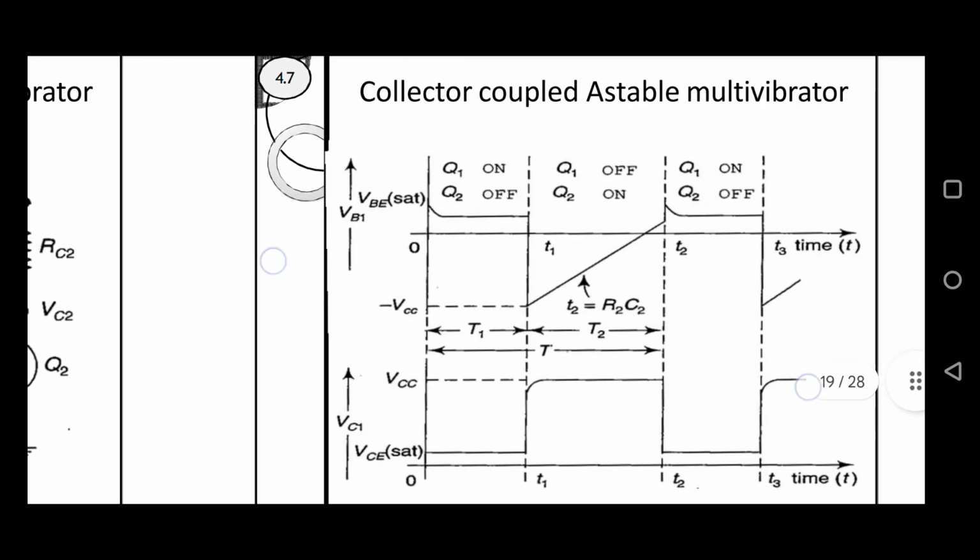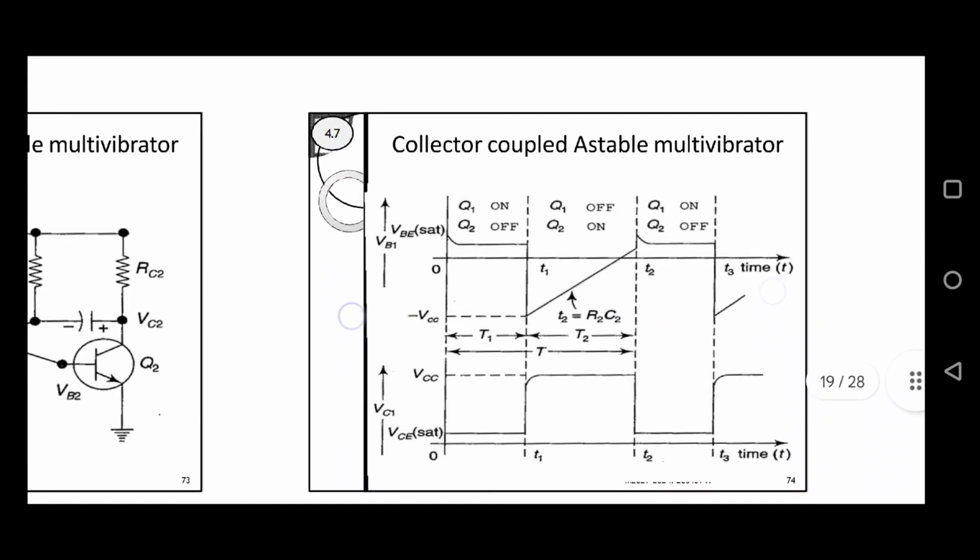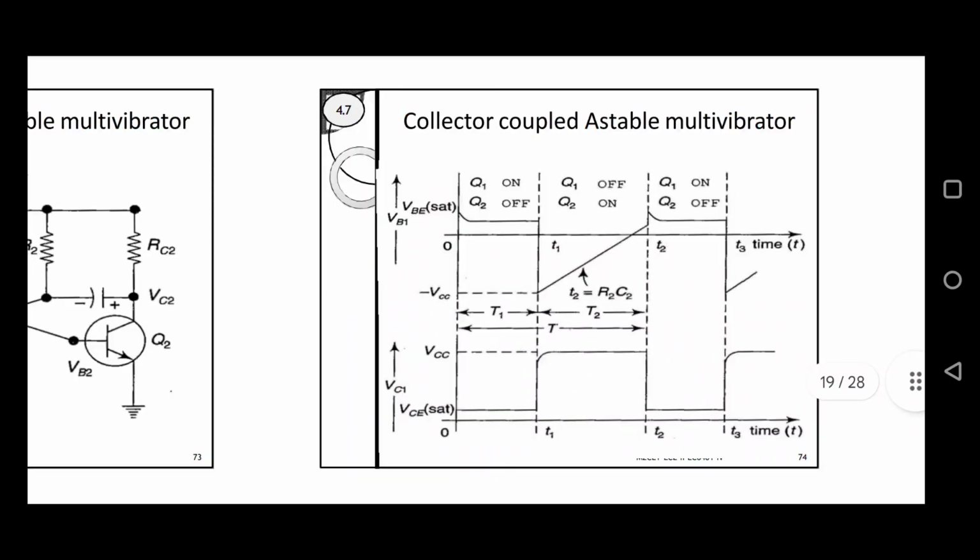Now you can see the output waveform graph of this collector coupled astable multivibrator. Initially Q1 will be on and Q2 will be off.